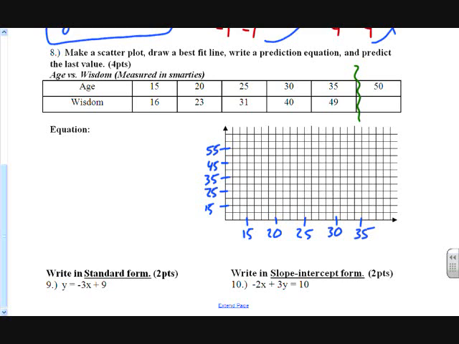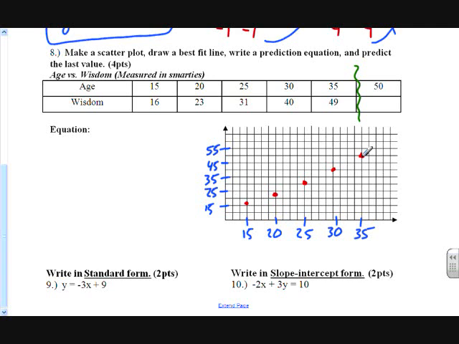I'll plot them in red so we can see them. 15, 16 is right around here. 20, 23. 25, 31. So I'm just plotting each of these ordered pairs on my graph. 30, 40. Then the last one, 35, 49.